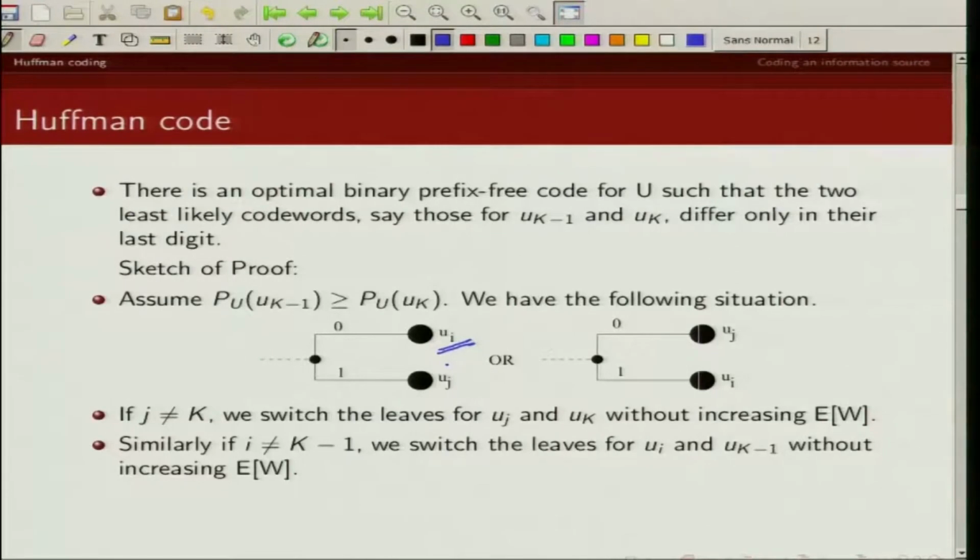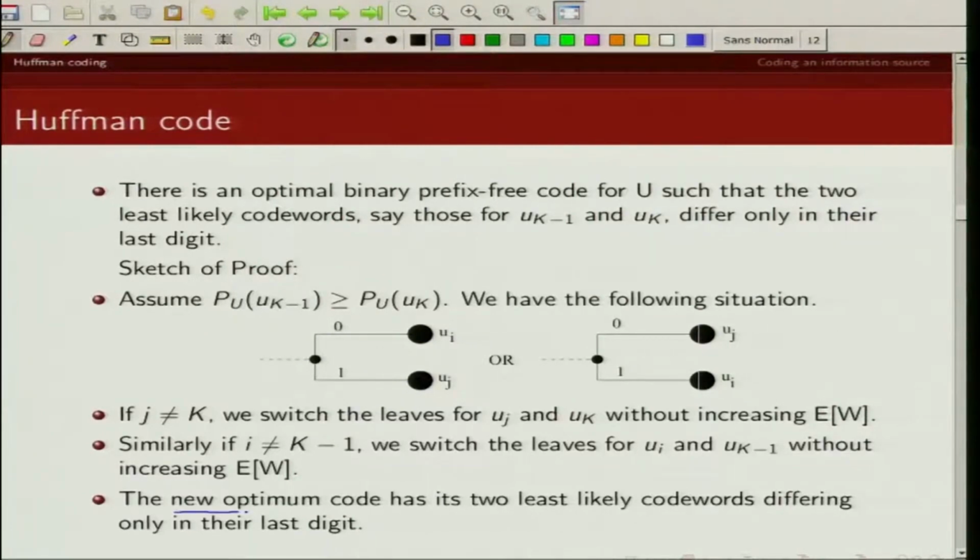Hence, if they are coming out from the same node, then these two code words will differ only in their last digit, because the path from the root to this node is the same for both code words.